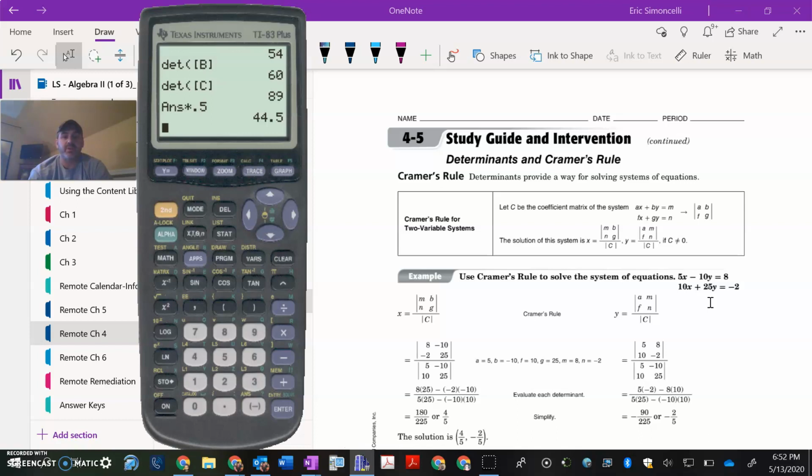Cramer's rule is a method, but it may not necessarily be the best method. I'm going to ask that you, in fact, do your Cramer's rule problems on tonight's homework using the calculator exclusively. On the previous page, you can bounce back and forth between calculator and non-calculator, but on these particular questions with Cramer's rule applied, please just use your calculator.